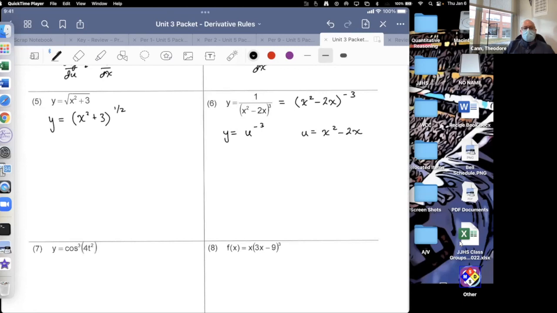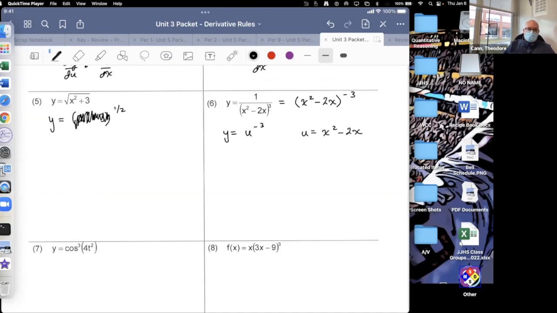So what we're going to do, going back to those parent functions, is start thinking about what kind of function I am looking at here. Am I looking at a power function? Definitely not a trig function, definitely not exponential, because I don't see a variable in the exponent. No logs, nothing funky here. If this were just x to the 1/2, it would be very easy to do.